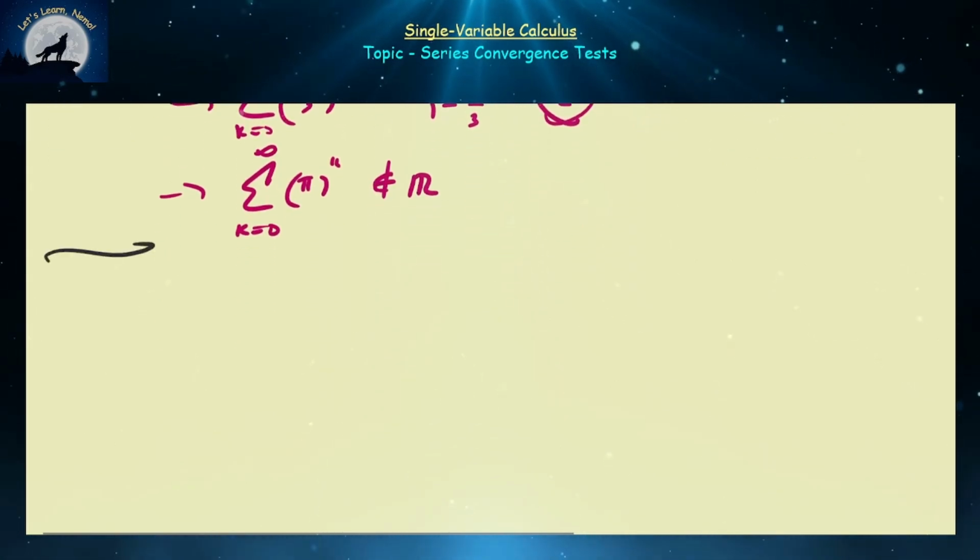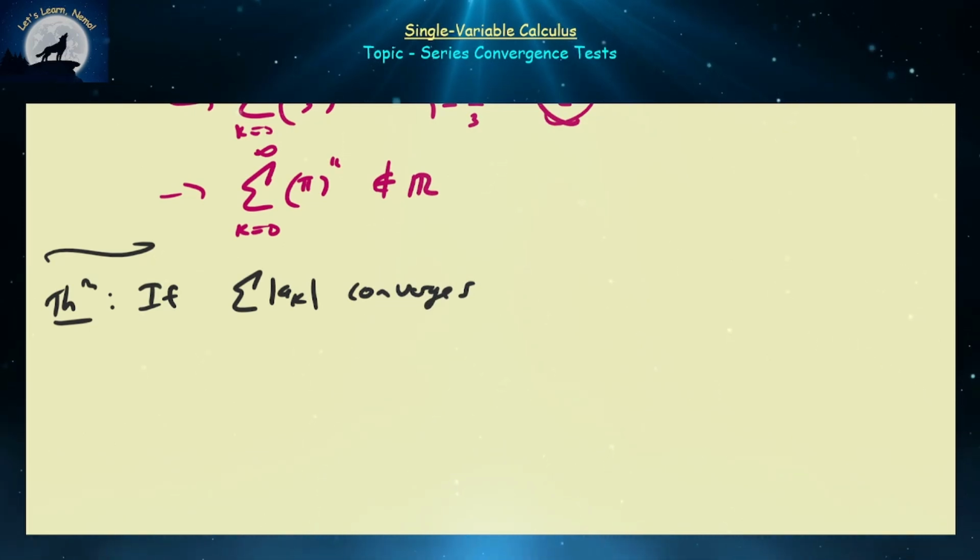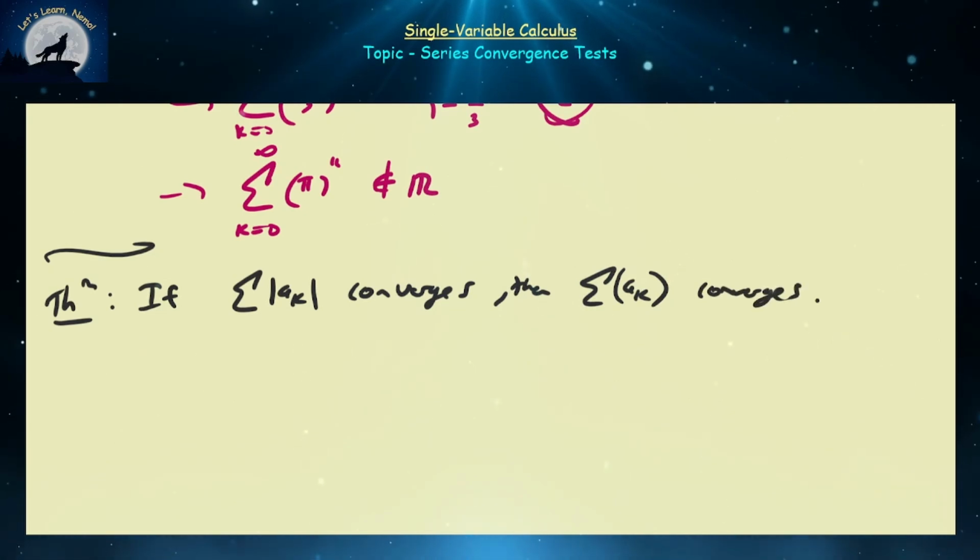So let me introduce the very first theorem that we're going to be using, and this is going to give rise to the very first series convergence test that I want to discuss. It says the following: if the sum of |a_k| converges, where the terms of the infinite series are absolute valued, then the sum of the series without absolute value also converges as well.